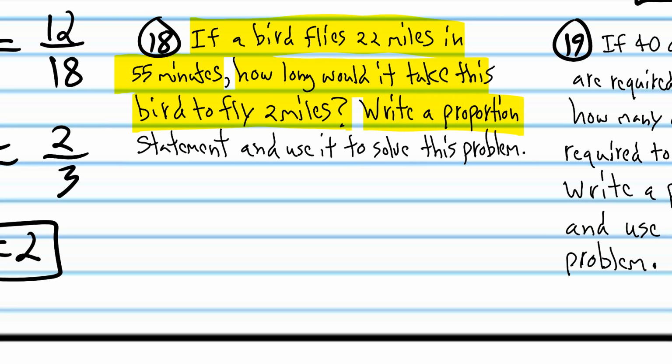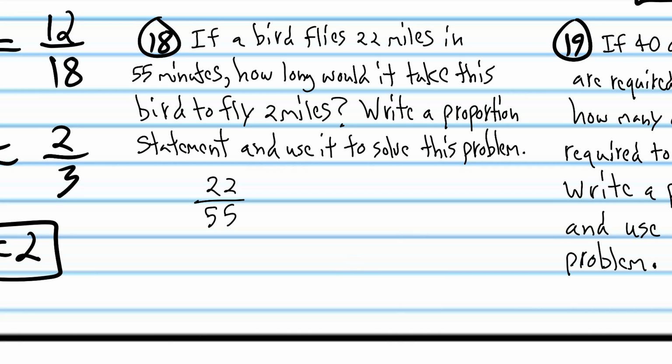Write a proportion statement and use it to solve this problem. So when they say proportion statement, they just mean write an equation. So let me show you how to do this. So we know the bird travels 22 miles in 55 minutes.